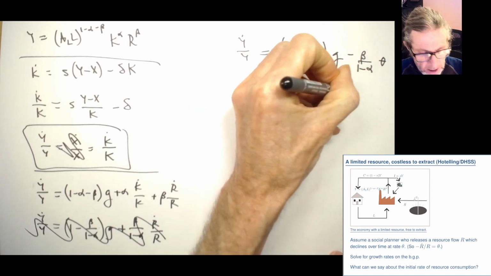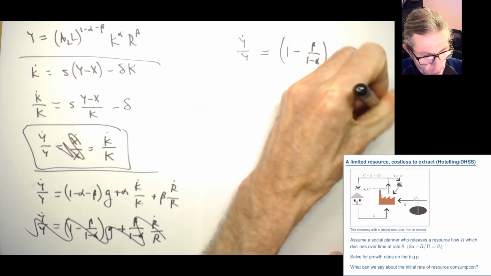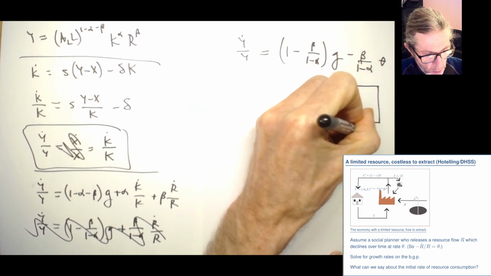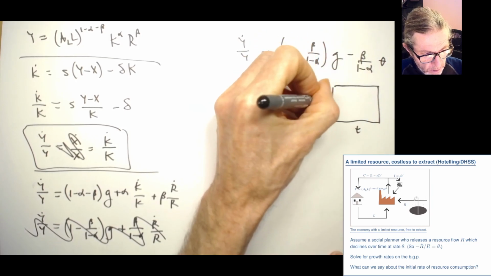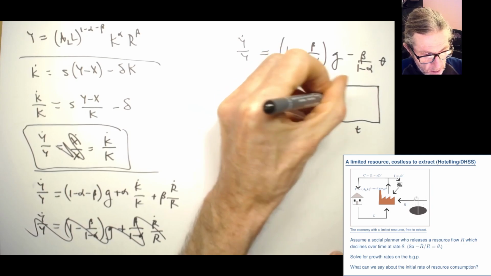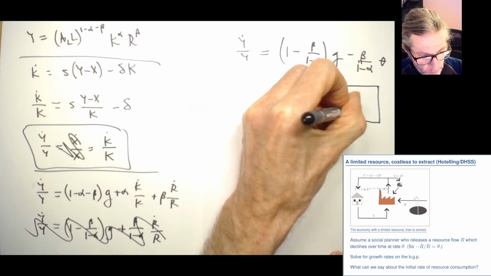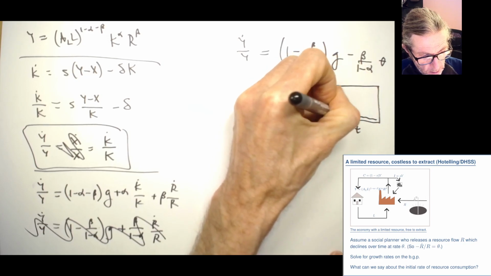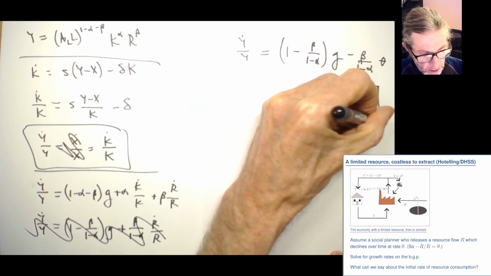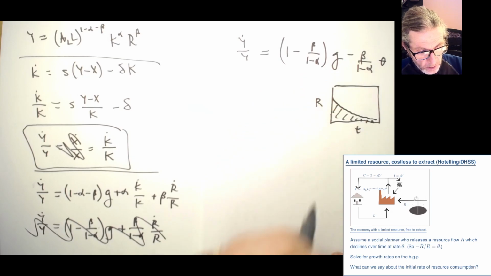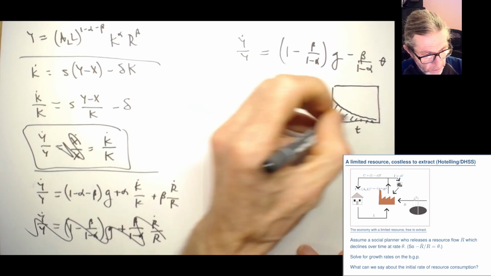So again, we looked at this briefly before, but if this is time and this is R, we know it's on an exponentially declining path. We've been told that by assumption. This area has to be equal to the initial stock, right? So what's this area?